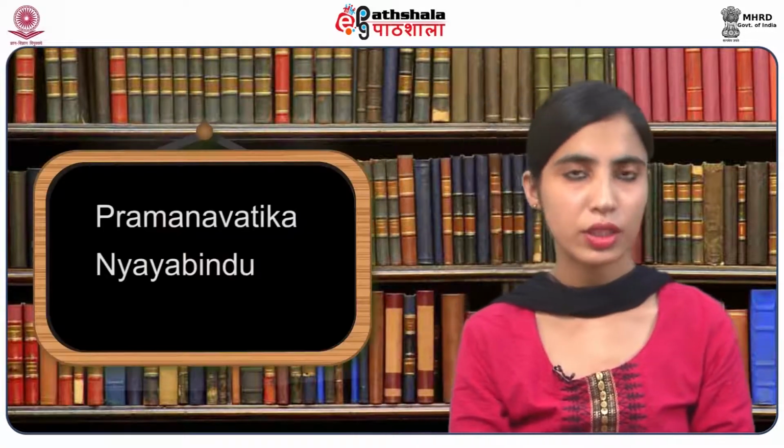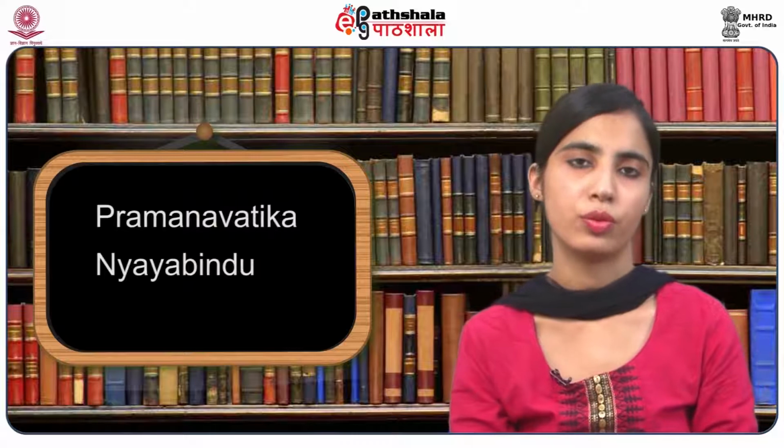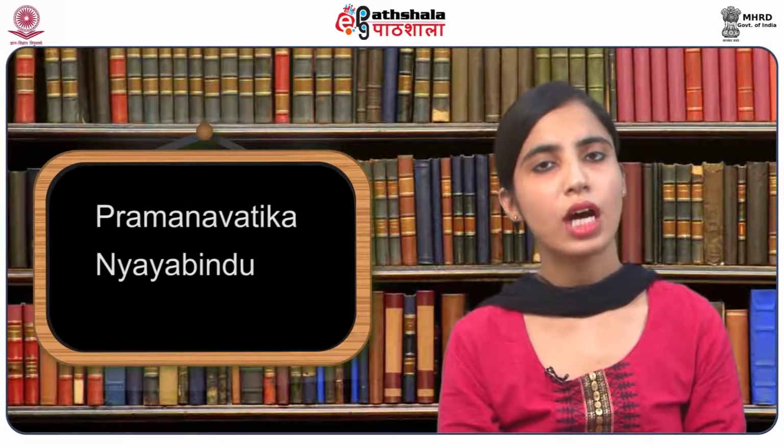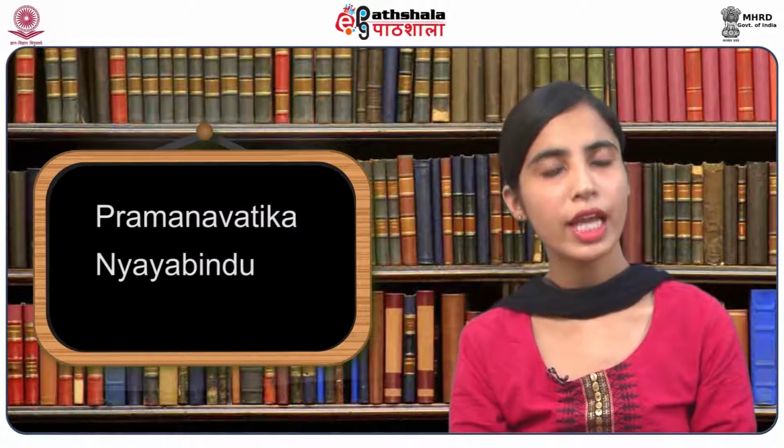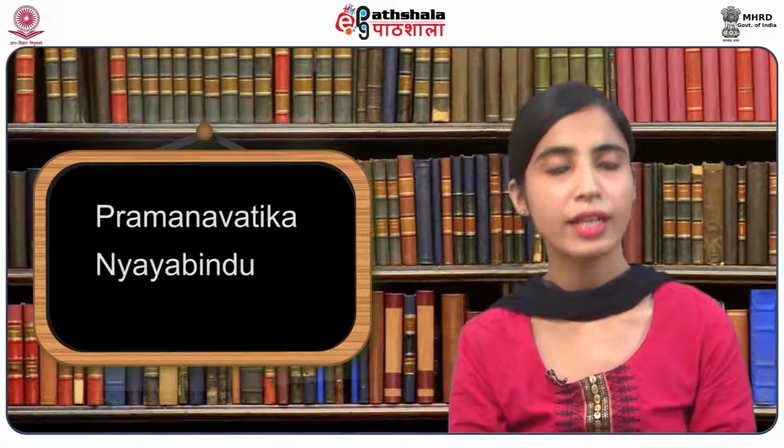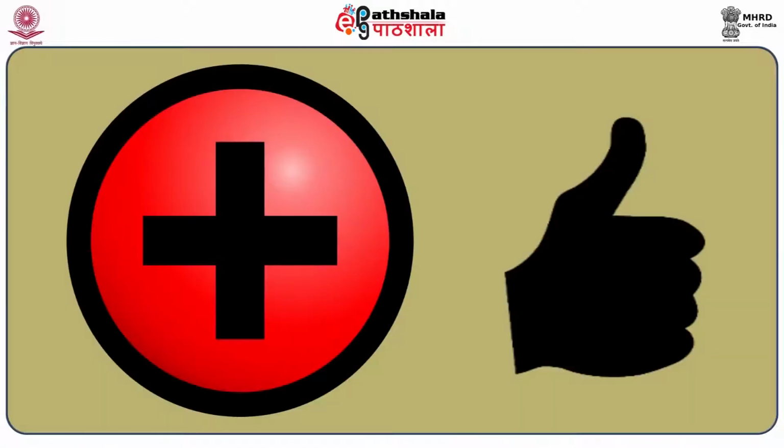Dignaag's nominalism was systematically developed and explained by Dharmakirti. Dharmakirti, who was also a great Buddhist philosopher, is famous for his works Pramanavartika and Nyayabindu. Words, according to him, only have negative meaning and nothing else because what is positive cannot be expressed.